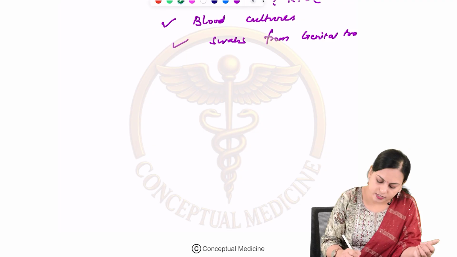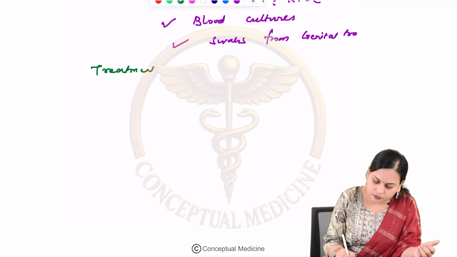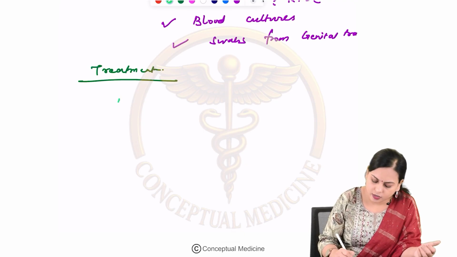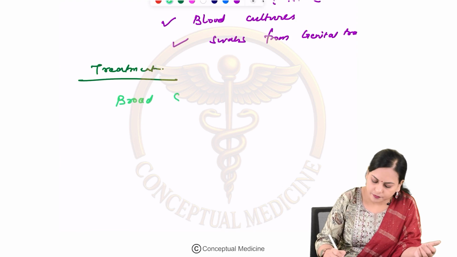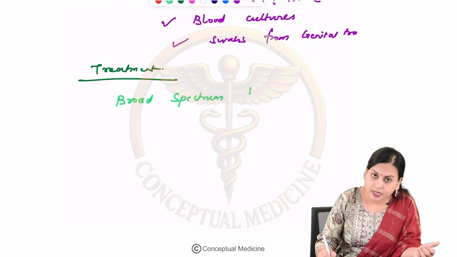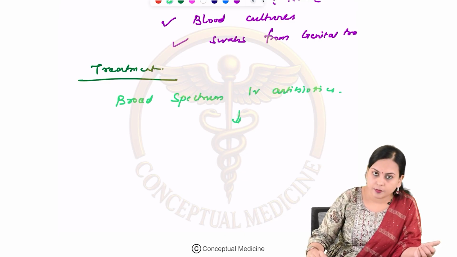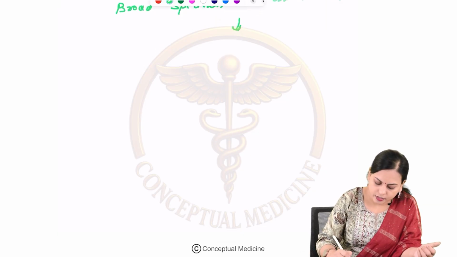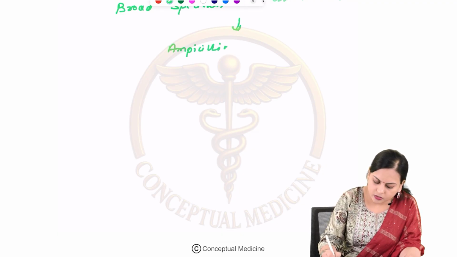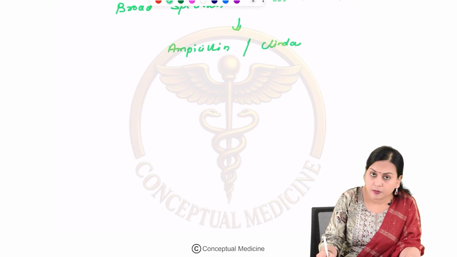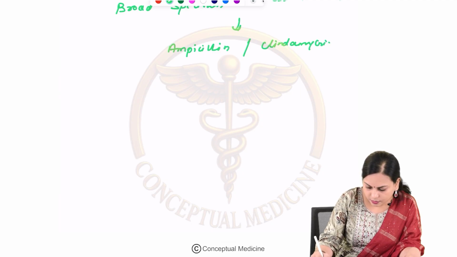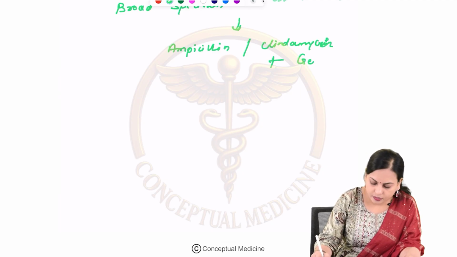So how will you manage this case? Treatment includes administration of broad spectrum IV antibiotics till the patient is afebrile for 24 hours, and this may include ampicillin or clindamycin that can be used along with gentamicin.